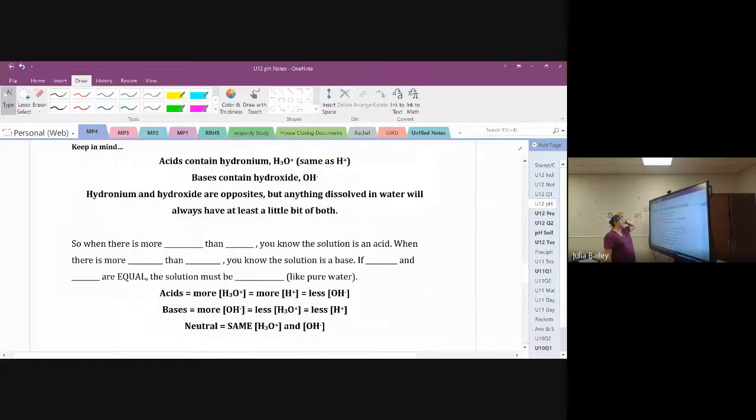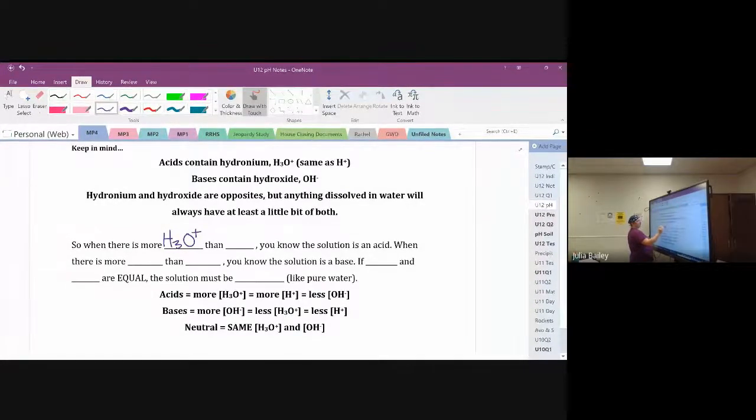Keep in mind, your acids contain hydronium, H3O+, that's the same as H+. Your bases contain hydroxide. Hydronium and hydroxide are opposites, but anything dissolved in water is going to always have at least a little bit of both. It'll have more of one or more of the other, but there's going to be some of each in there. So when there is more hydronium than hydroxide, you know that the solution is an acid, okay?